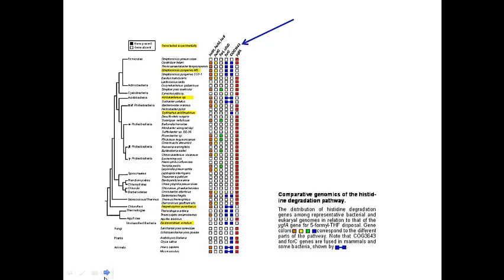If you don't have that gene, you ought to have whatever replaces it, and that will be the distribution pattern of this gene. We predict it to be present when YGFA is absent. If anybody doesn't get that, we'll go over it again.